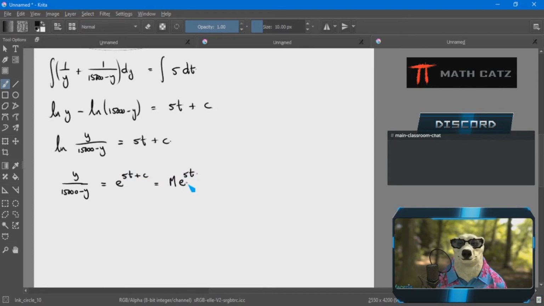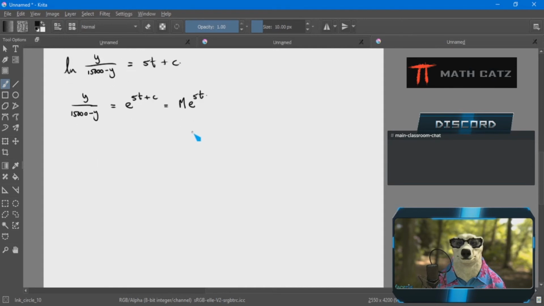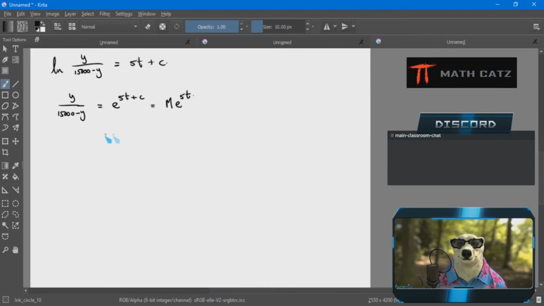integration constant. And at this stage, it might be handy to, before I bother solving for y, use my initial value to find this integration constant. So if I plug in 1,000 for y, I have 14,000 in that denominator. That's going to be m times e to the 5 times 0, which is, of course, 1.